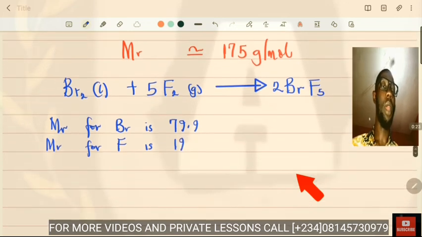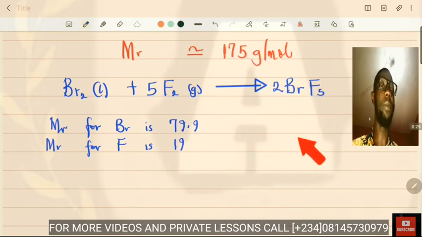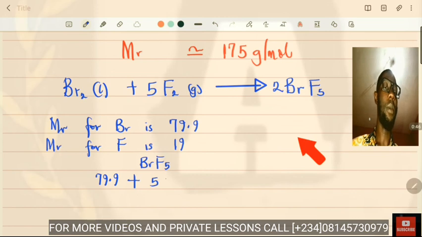So we have to calculate the molecular mass for this, and we must get 175. The formula is BrF5. So that's going to be 79.9 plus 5 multiplied by 19.